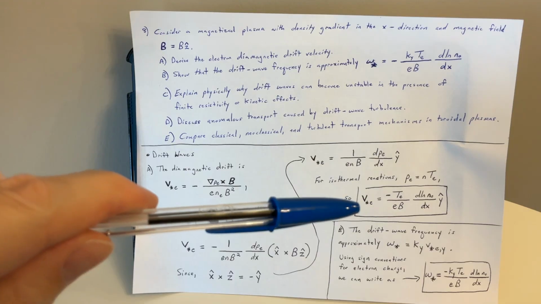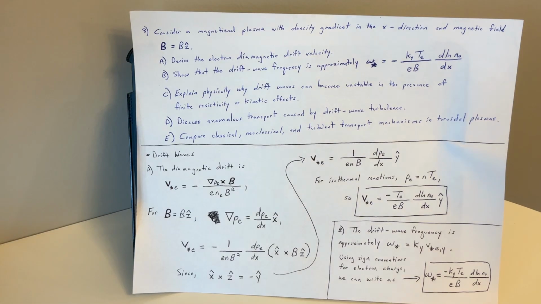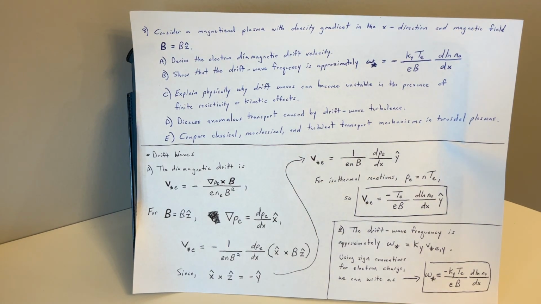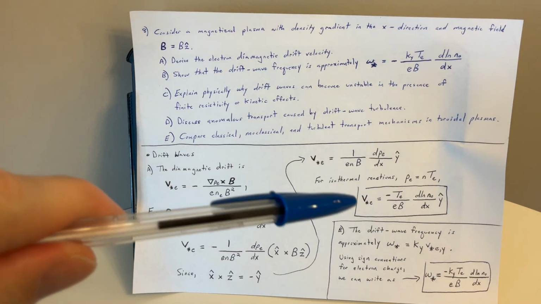So v sub star e equals negative T sub e over eB times d ln n naught over dx y hat. Okay, so that takes care of letter A, deriving the electron diamagnetic drift velocity.